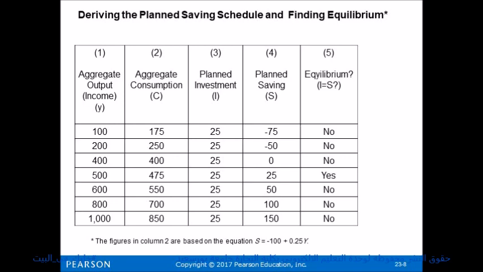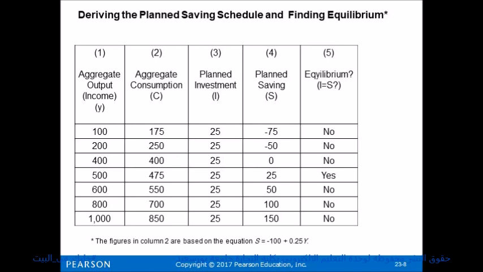We can do the same thing at an income level of 400 by subtracting the value of consumption, which is 400, from the value of income, which is also 400. So this results in a value of 0 for saving.